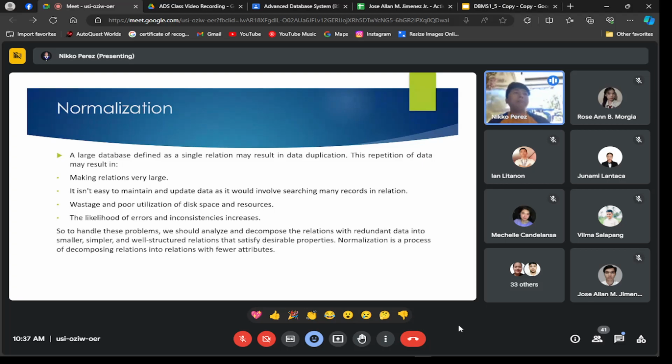I remember during the pandemic, since online class was not yet available at the onset of the pandemic, I was handling advanced database at that time, and our students of that batch were affected because they simply received modules without any further discussion, so it was difficult, especially in the part on normalization.